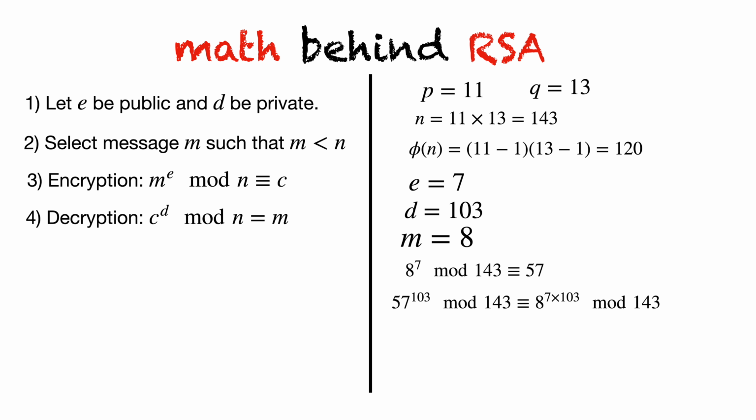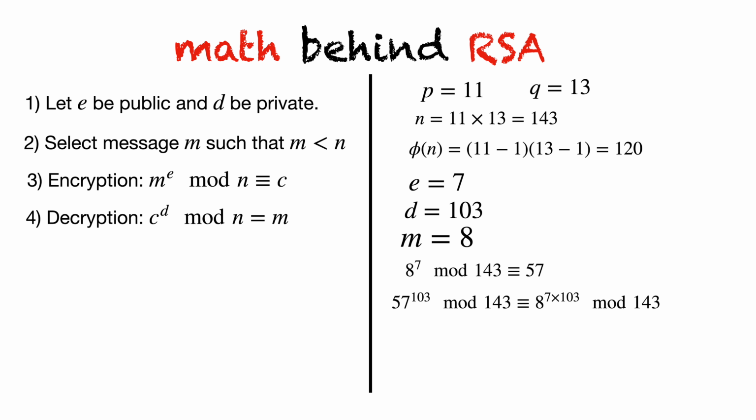In our example, as the number was 8, its ciphertext was 57. So we do 57 to the power 103, which is the value of d, modulo 143. Now 57 was actually 8 to the power 7. So the number is 8 to the power 7 times 103 modulo 143.